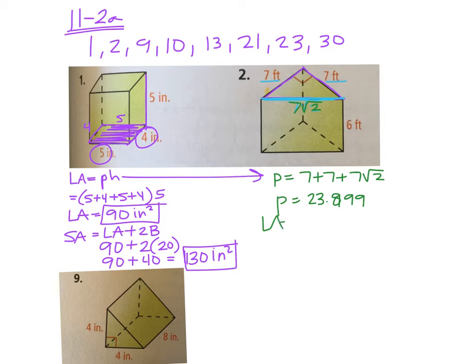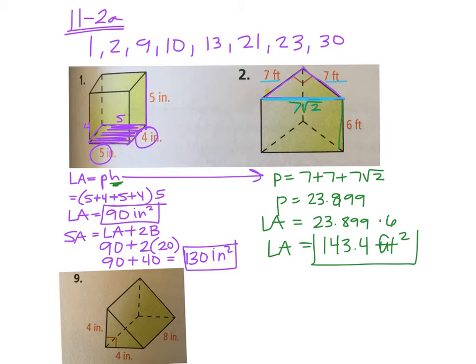So our lateral area is going to be 23.899 times the height of the figure, and the height would be the 6. So 23.899 times 6 gives you a lateral area of 143.4. Oops, it's feet, square feet.